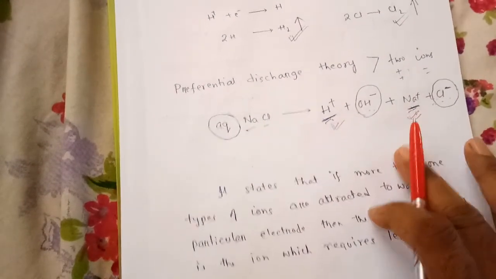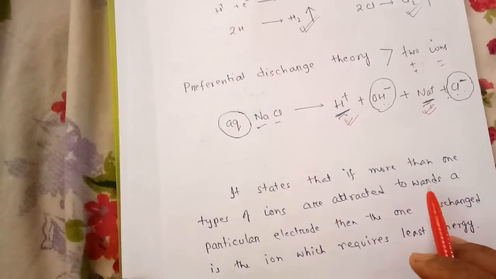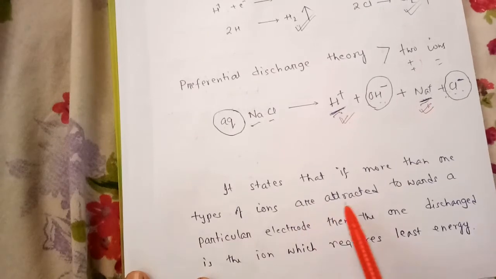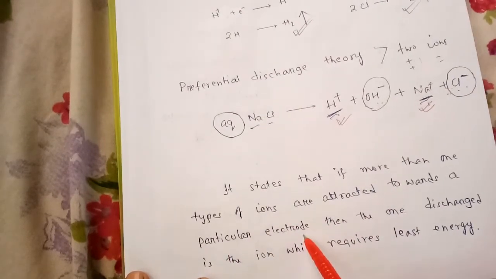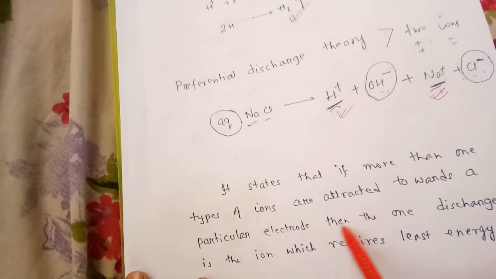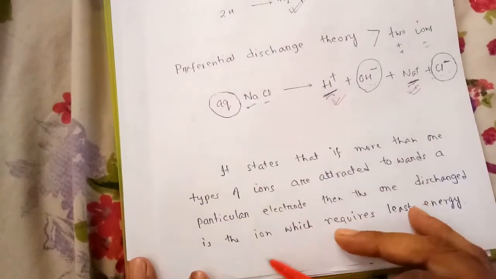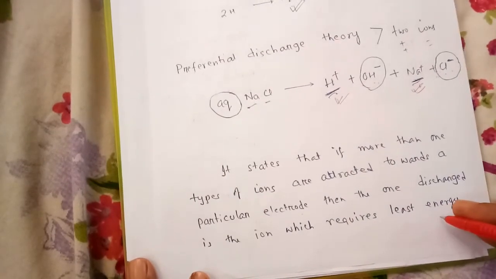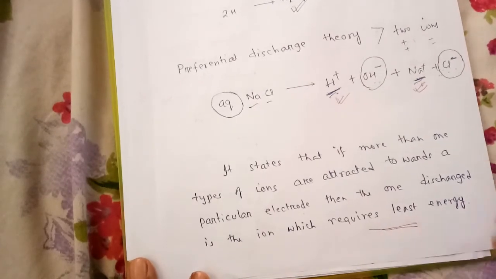This theory states that if more than one type of ions are attracted towards a particular electrode, whether cathode or anode, then the one discharged is the ion which requires the least energy. Those ions will discharge which require less energy.